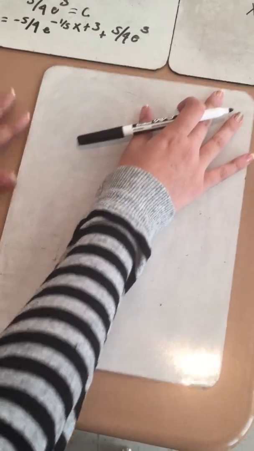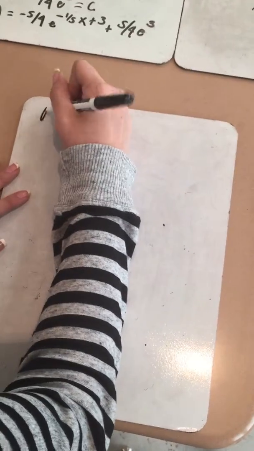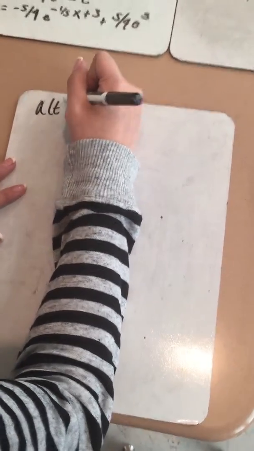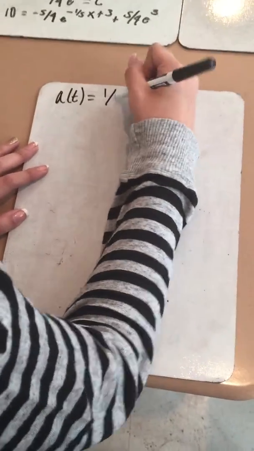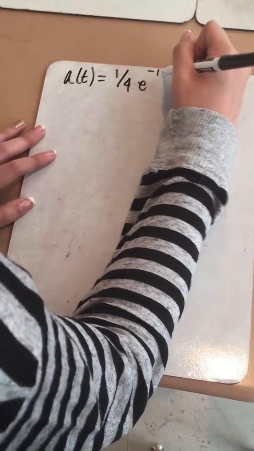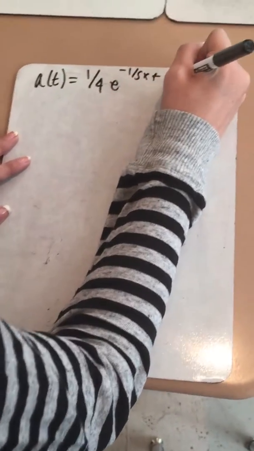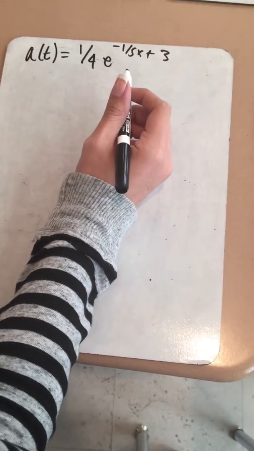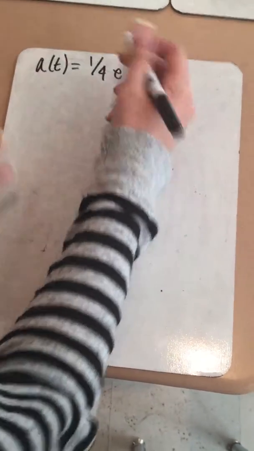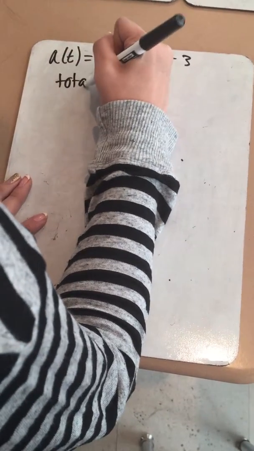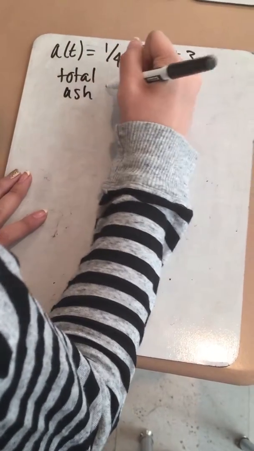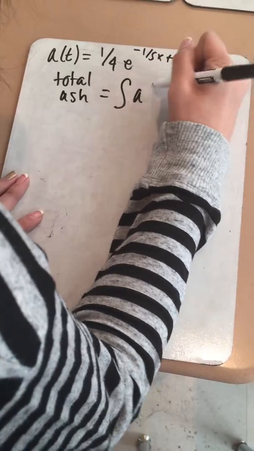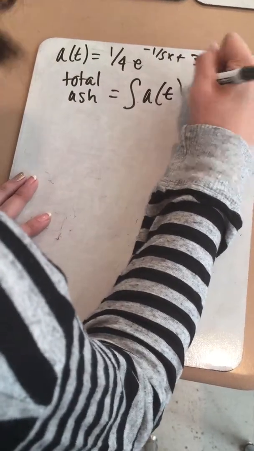So to start this, I'm going to put the original equation, which is 1/4 e^(-1/5 x + 3). So in order to get the time, it's going to be 10. The total ash is going to equal the integral of the rate.